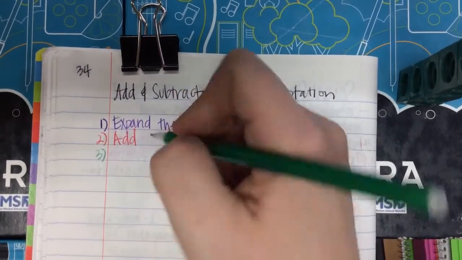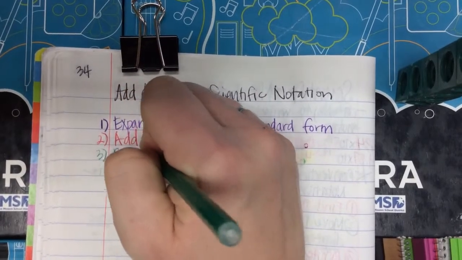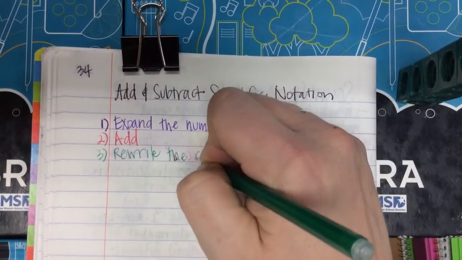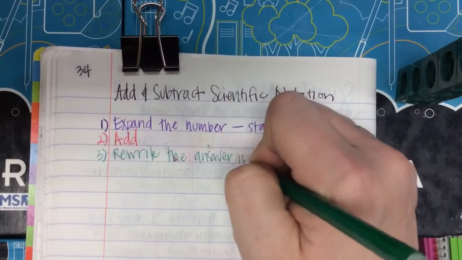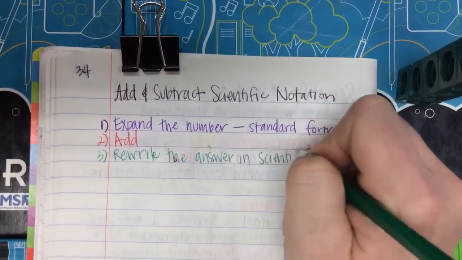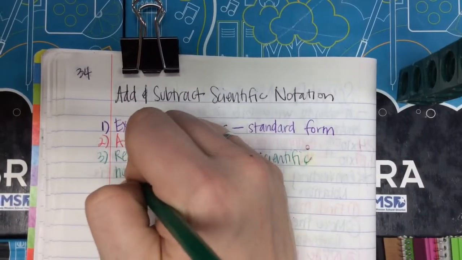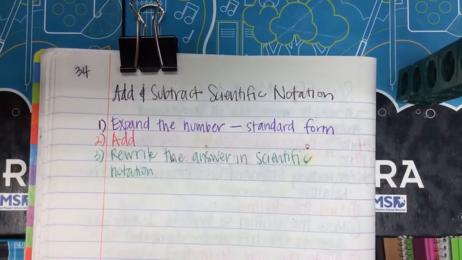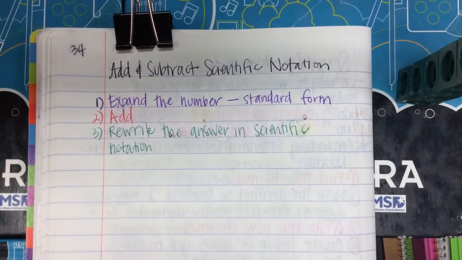And step number 3 is to rewrite the answer in scientific notation. Rewrite the answer in scientific notation. 3 easy steps. Expand the number, make it big. Rewrite it. Then you add the 2 numbers together, or the 3 numbers together. And then you take your answer and you write it back into scientific notation.